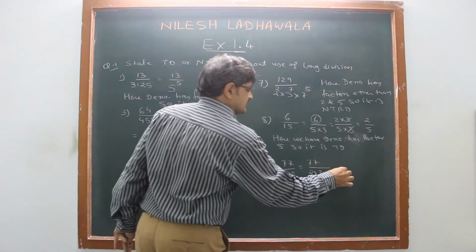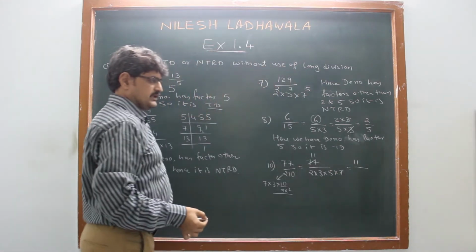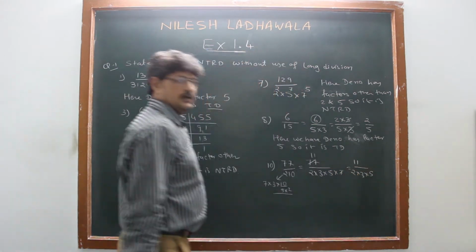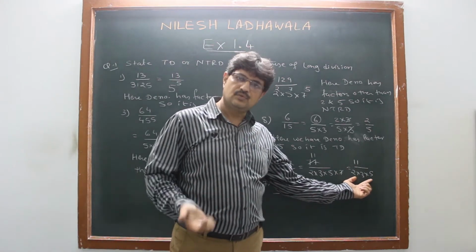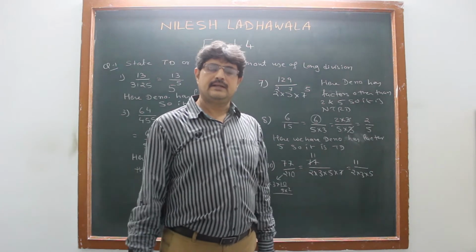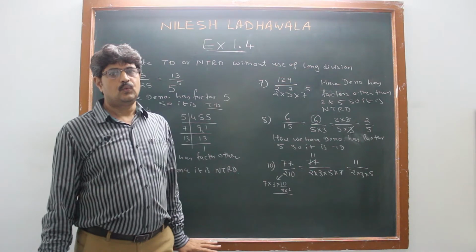Here 7 is common, so I can cut 7. In the denominator I have 2 into 3 into 5. Now you can say that it has a factor other than 2 and 5, so it is non-terminating recurring decimal. In this way we can complete question number 1.